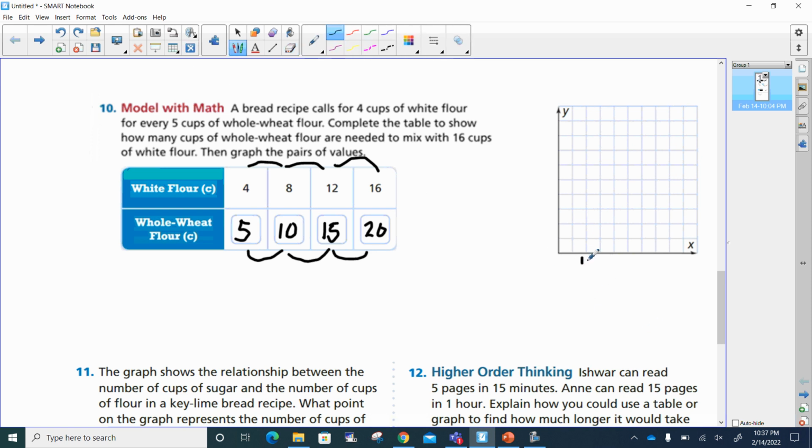So this would be 10, this would be 20, this would be 30. And this would be 5, so this would be 10, this would be 20, and this would be 30.